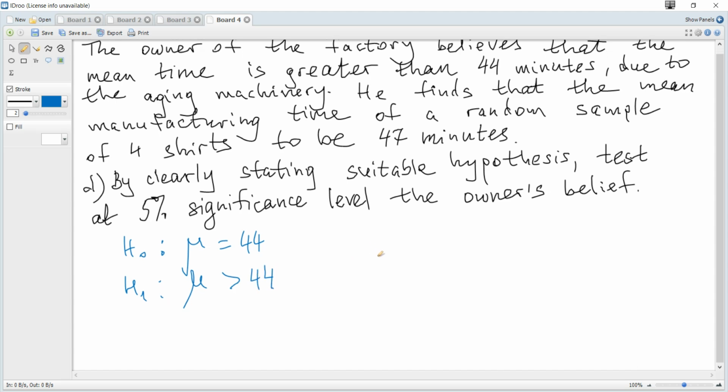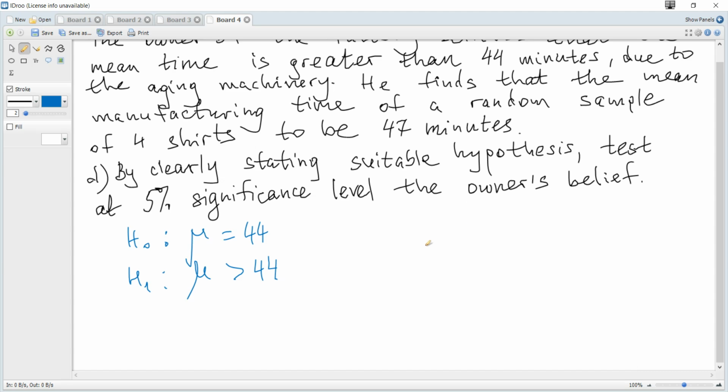And to test this we use a random sample, and this random sample, T or X, it doesn't matter, is normally distributed with parameters.